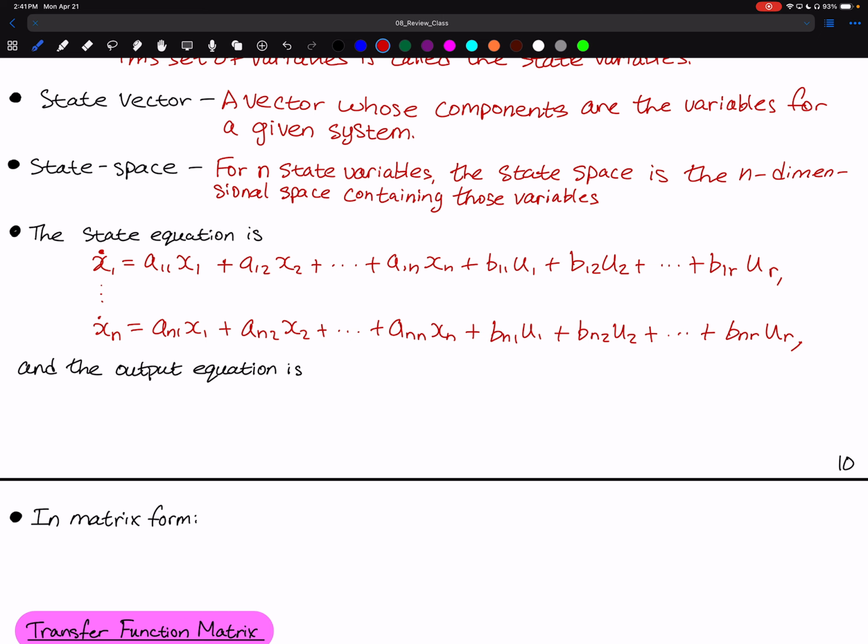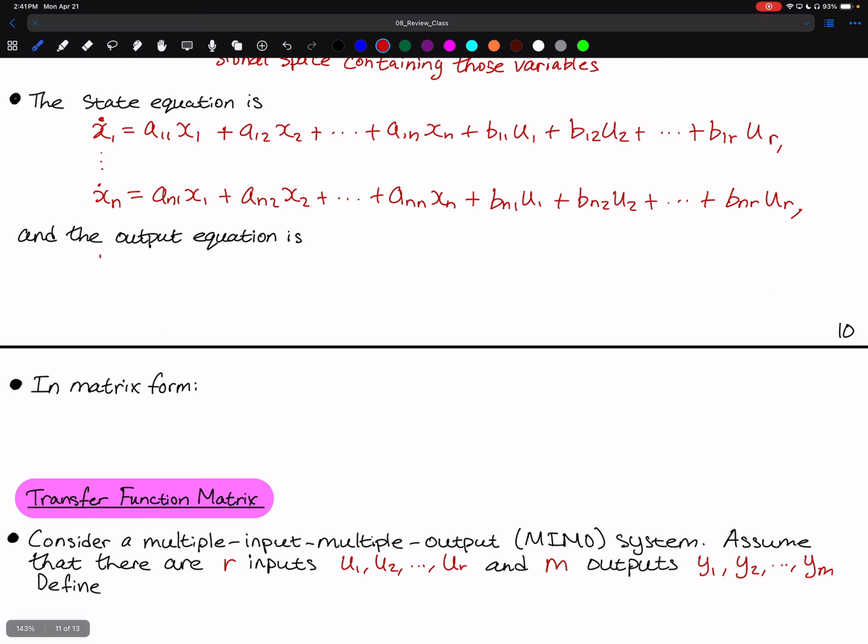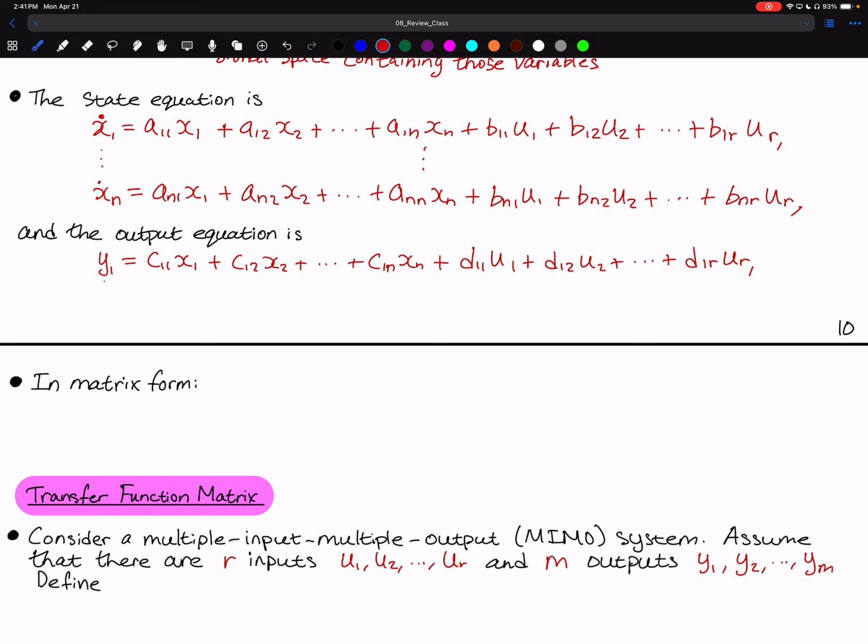And then our output equation is going to be y1 is equal to c11 x1 plus c12 x2 plus dot dot dot plus c1n xn plus d11 u1 plus d12 u2 plus dot dot dot plus d1r ur, and then dot dot dot ym.